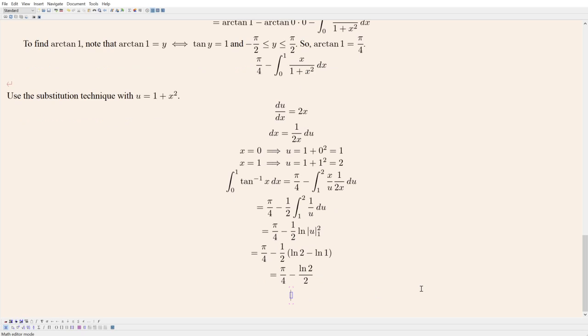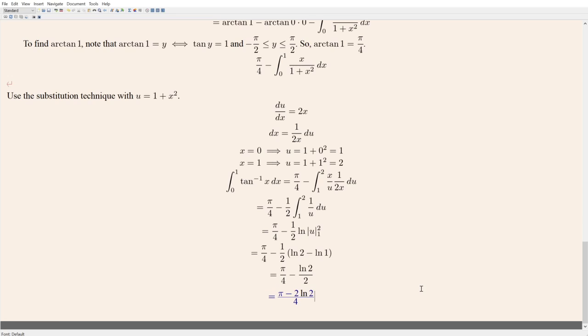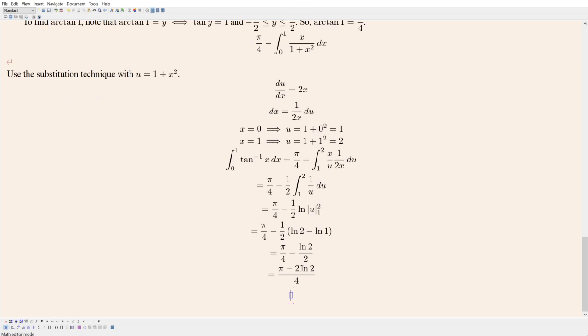And if you really want to be pedantic, you can put this into a single fraction. I'm not saying this is necessary, but maybe on a multiple choice homework problem they'll write it like this. And if you really, really want to be pedantic, you can take this 2 and move it into the logarithm.